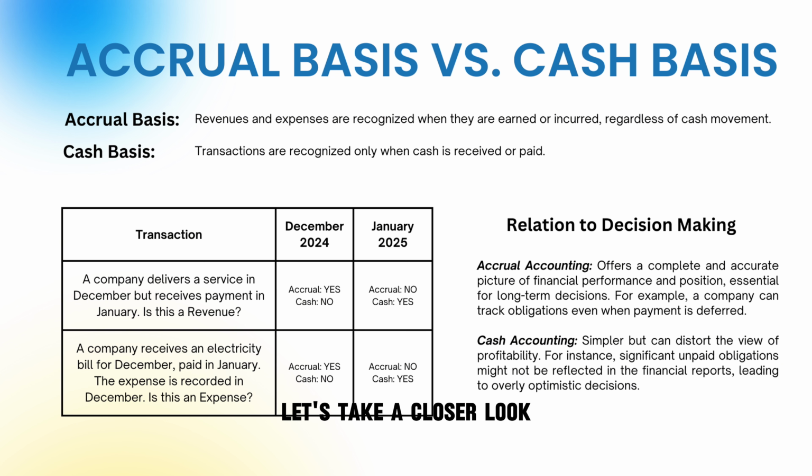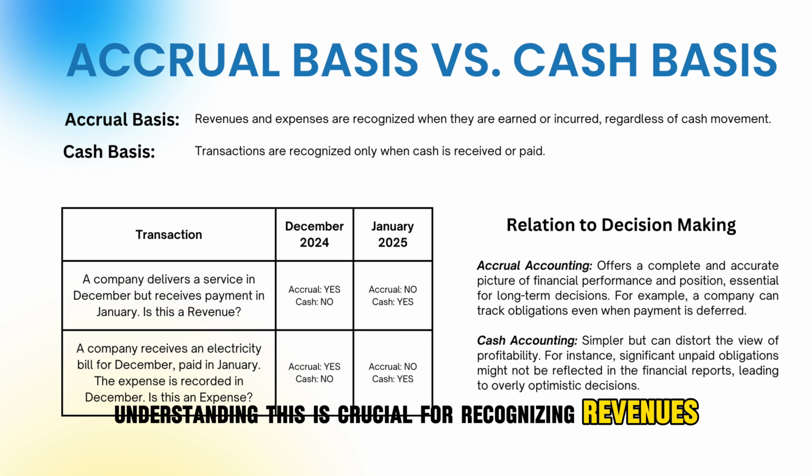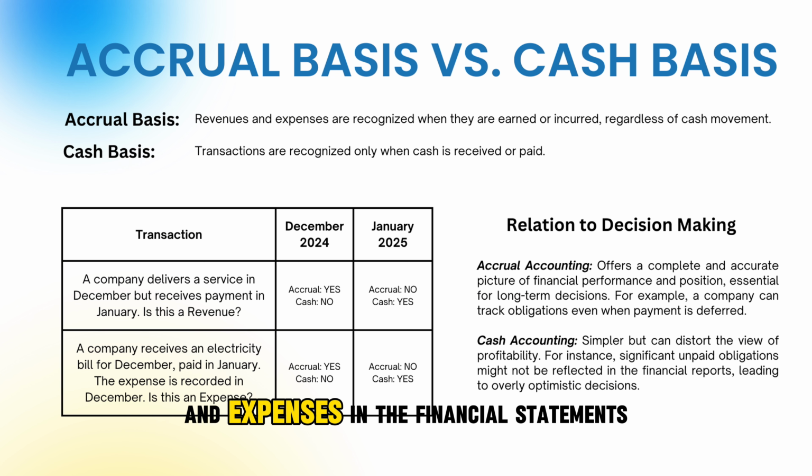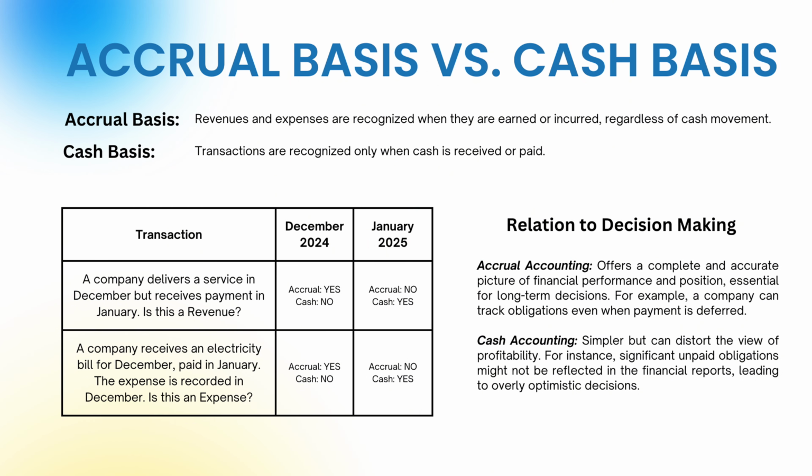Let's take a closer look at two fundamental accounting methods, the accrual basis and the cash basis. Understanding this is crucial for recognizing revenues and expenses in the financial statements.